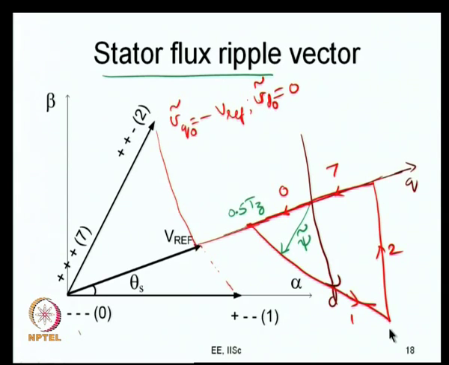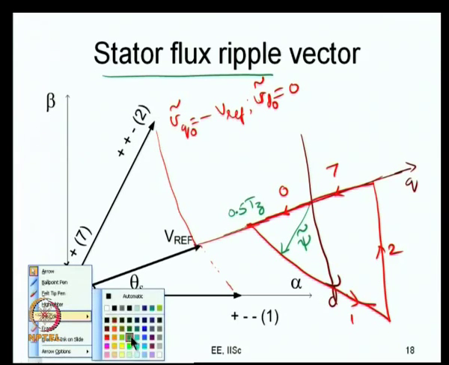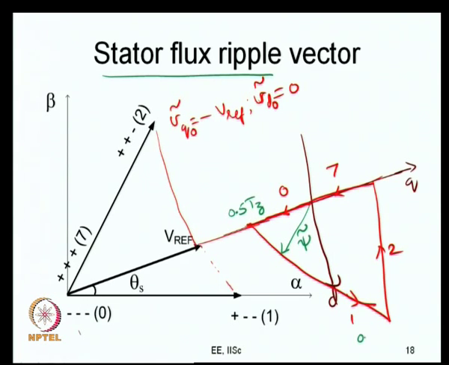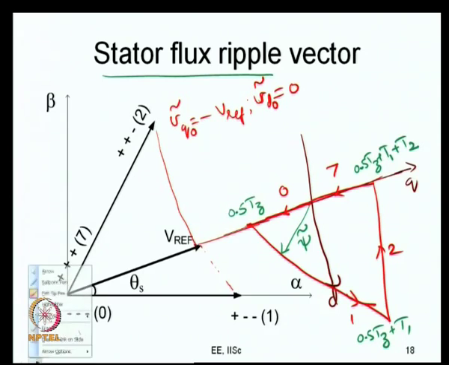And subsequently, what happens? This is at the instant 0.5 Tz plus t1. Then between 0.5 Tz plus t1 to 0.5 Tz plus t1 plus t2, during this duration you apply the active state 2.